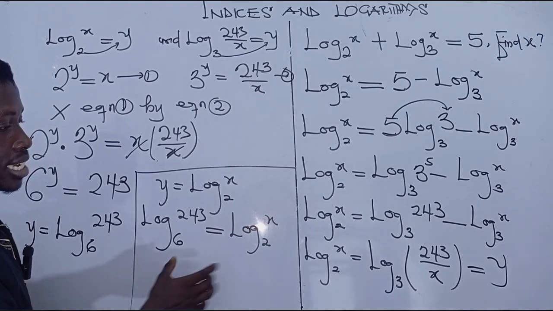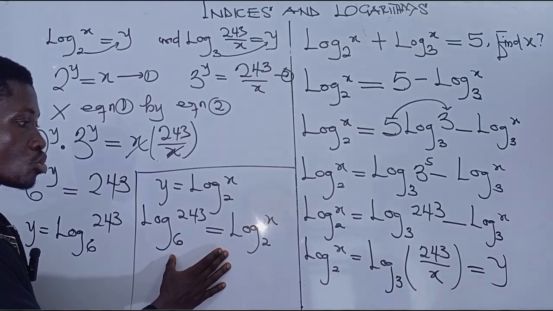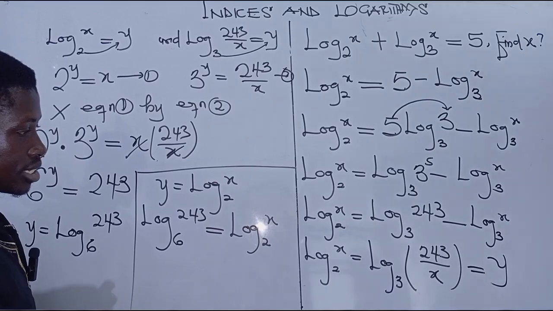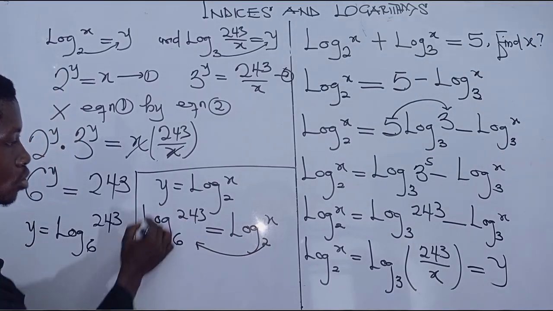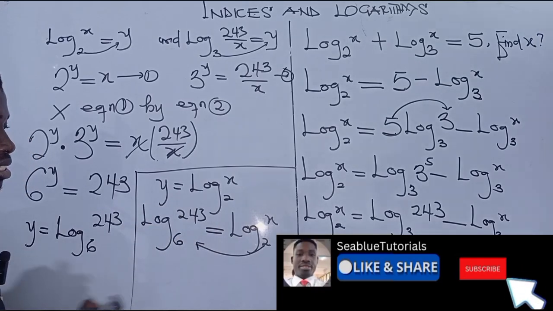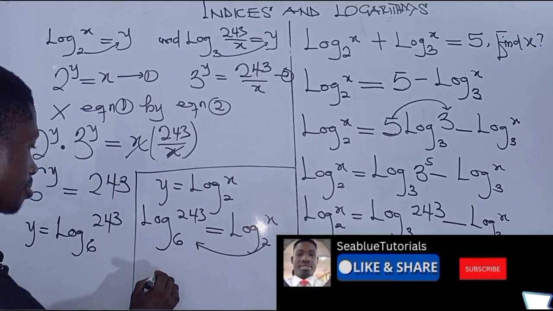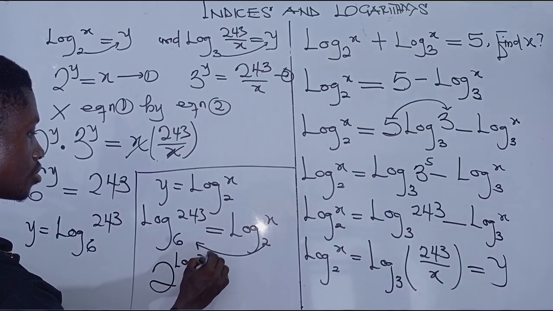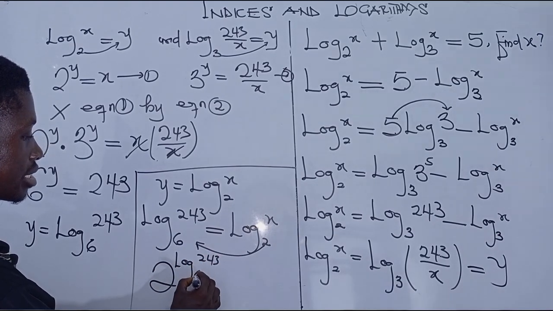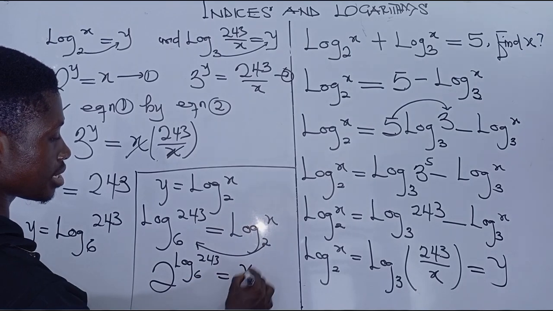Now that we have x here, let's convert the whole of this into an exponential equation. The base of this logarithm will move and become the base of this whole expression. So we are going to have 2 raised to the power log of 243 to the base of 6 is equal to x.